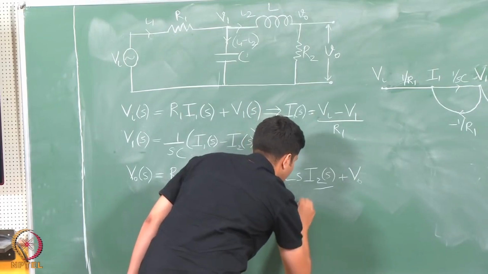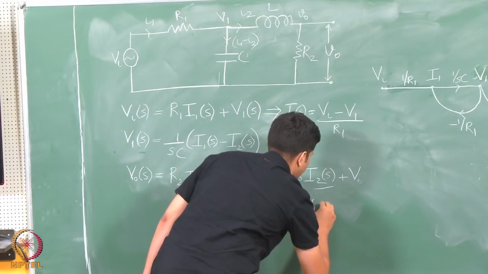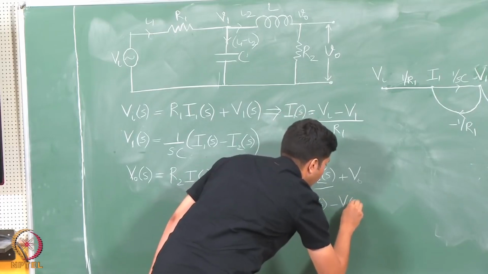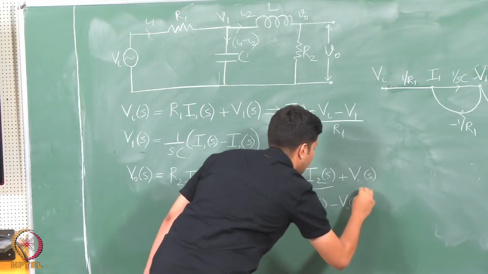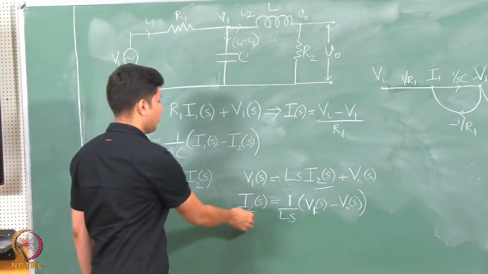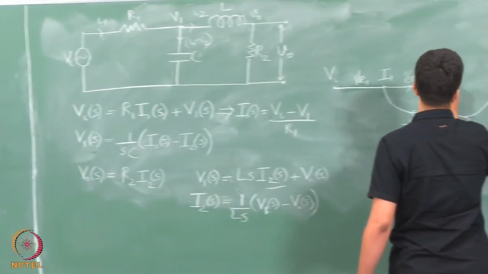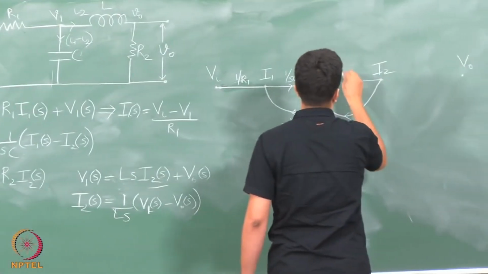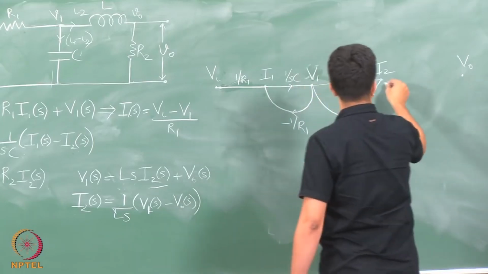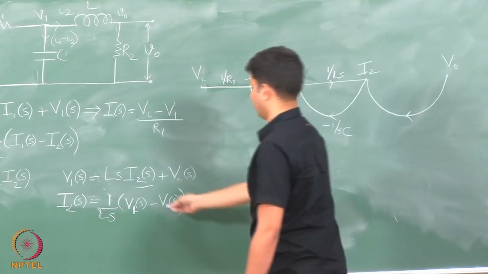One by Ls times V1 of S minus V naught of S. Okay. So, I2 is depending on V1 with a factor 1 by Ls. So, I can simply connect this, and it is depending on V naught with a factor minus 1 by Ls.